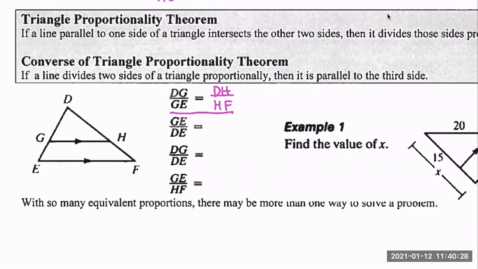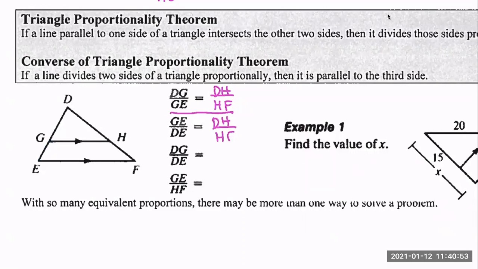Okay, so they go through and they establish all the proportions. And so now, like this, we would view this as the small. GE to DE would be true that it's equal to HF to DF. Can I have you guys go ahead and fill out the rest of the proportions with what you think, and then compare your answers as you go? Or actually, I'm sorry, I think I made a mistake there.